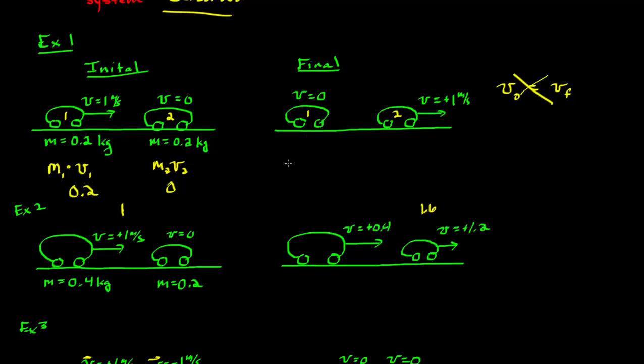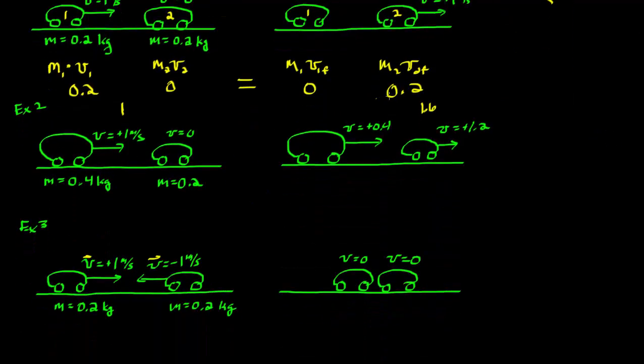So here, mass 1 V1 final would be 0, and mass 2 V2 final would be 0.2. So you can see that I kind of have this balance. Okay, so that seems okay if I put it equal. I can see that this side is kind of equal to that side. But I don't know if it's plus because of the 0. Maybe it's times or minus, who knows.